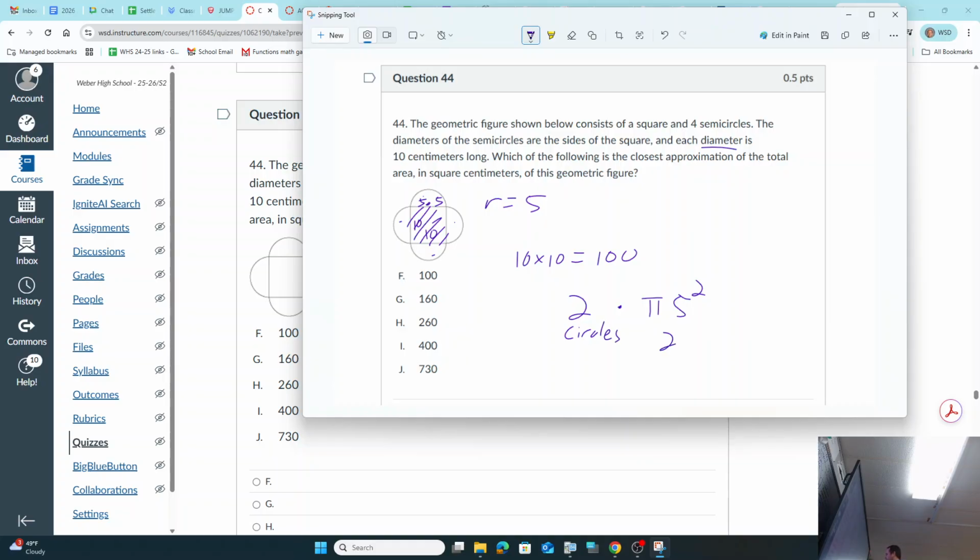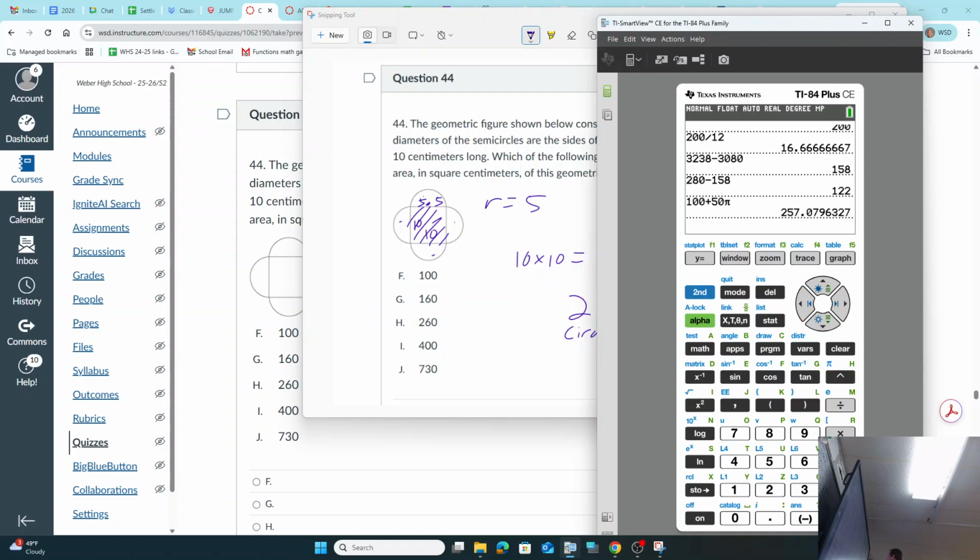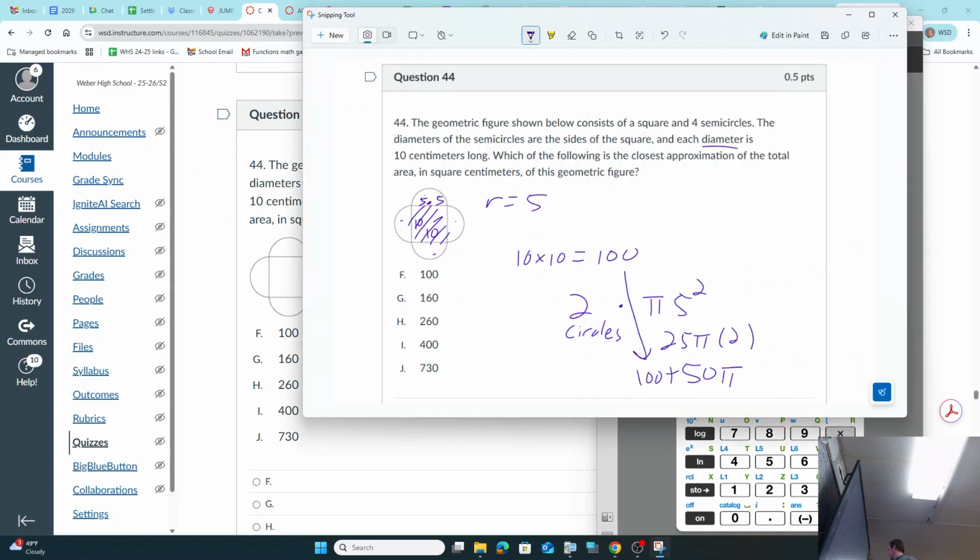So that's 25 pi times 2. So that's 50 pi. And then plus the 100. Okay, put that in your calculator. 100 plus 50 pi is 257.07, which our closest is, so that's 257. So our closest is going to be 260, which the answer is H for number 44.